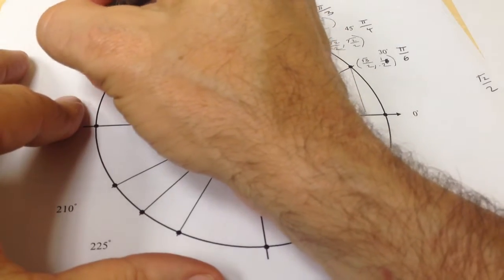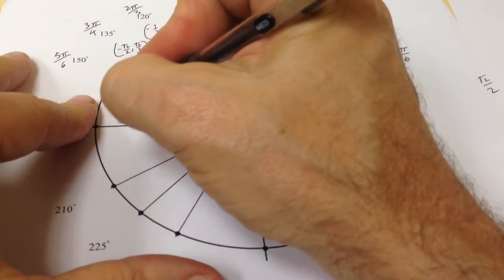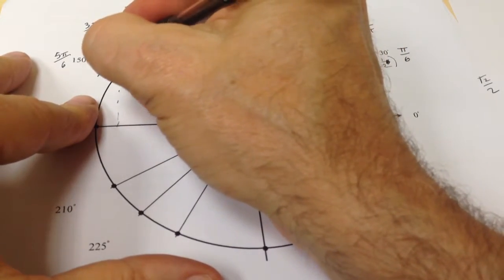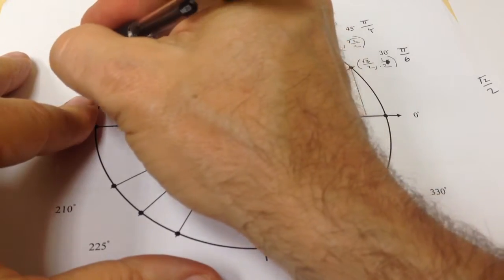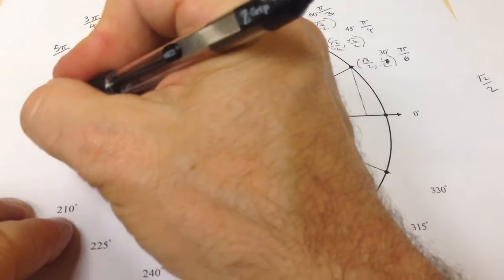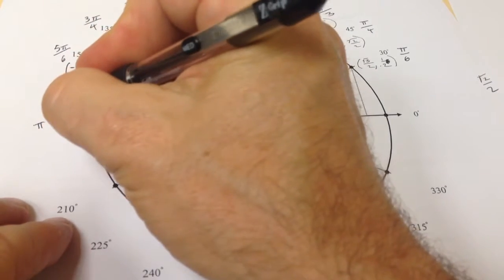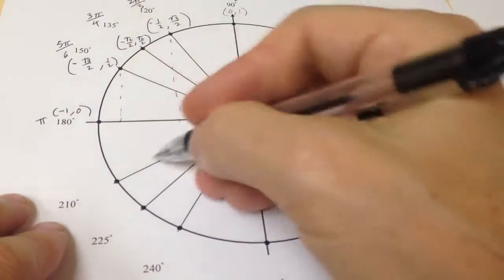This is 5 pi over 6, and this is only 1/2 high, but it's square root of 3 over 2, or about 0.87 out in the left direction. And then I can keep going around. Okay, so this is pi, of course, which is at -1, 0. And down here, all the numbers are going to be the same.